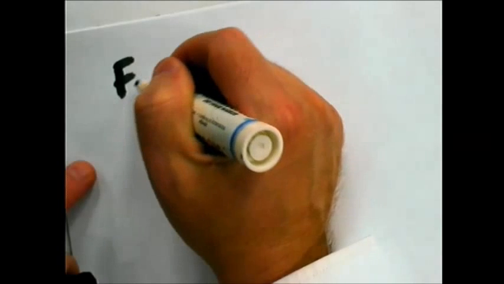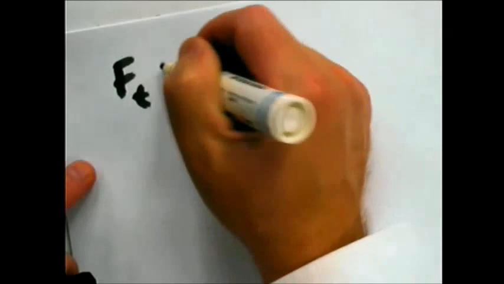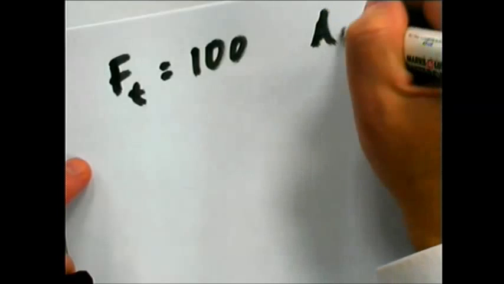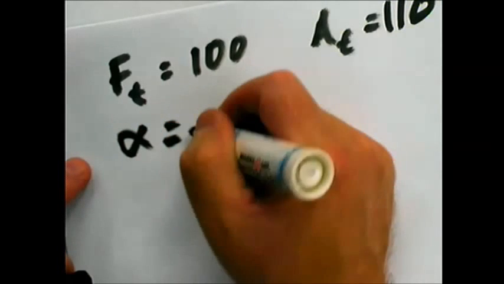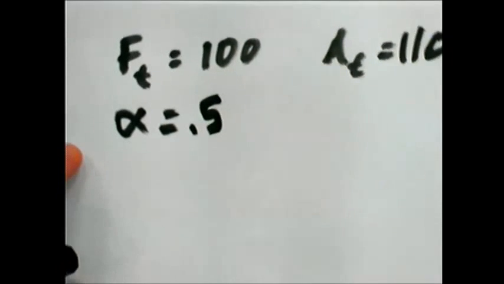So my forecast for the period was 100. The actual in the period was 110, and alpha is 0.5, okay?